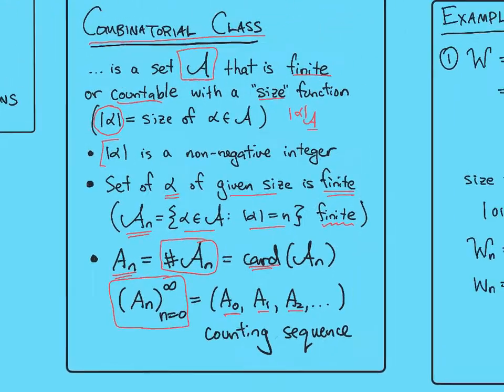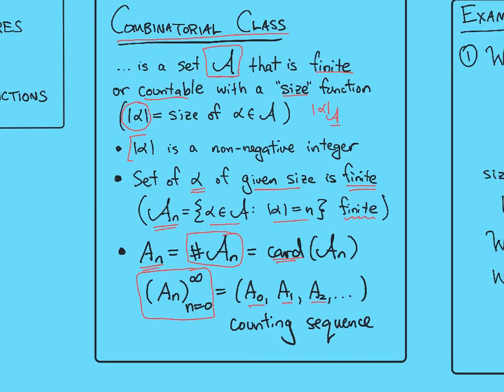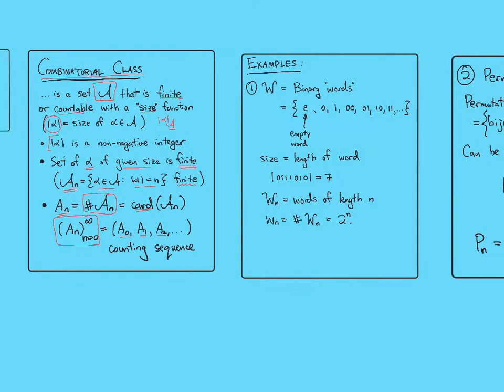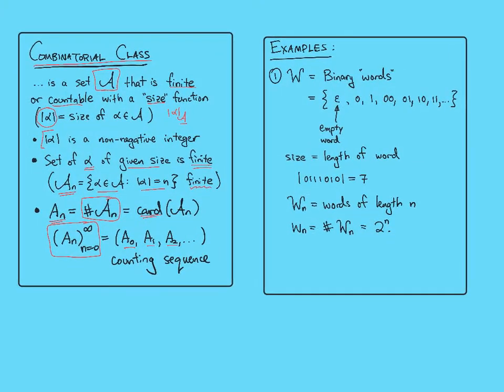So let's see this in some simple examples. So our first example is the set of binary words. By word, I guess I need to be a little flexible. I just mean all sorts of lists formed with zeros and ones. I also include the empty word, which I'll just write with an epsilon.